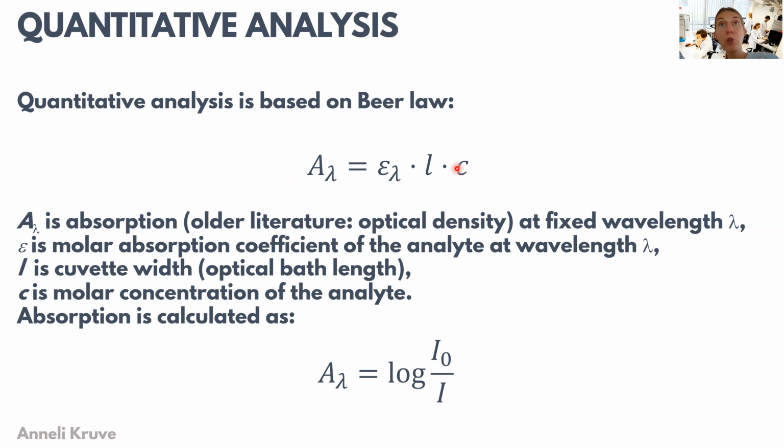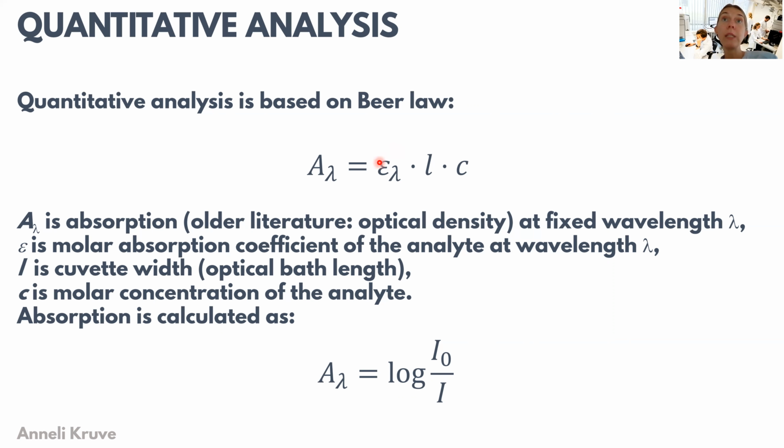It's also proportional to the optical path length, so essentially the width of the cuvette. And it's also proportional to the molar absorption coefficient of the analyte at the specific wavelength.